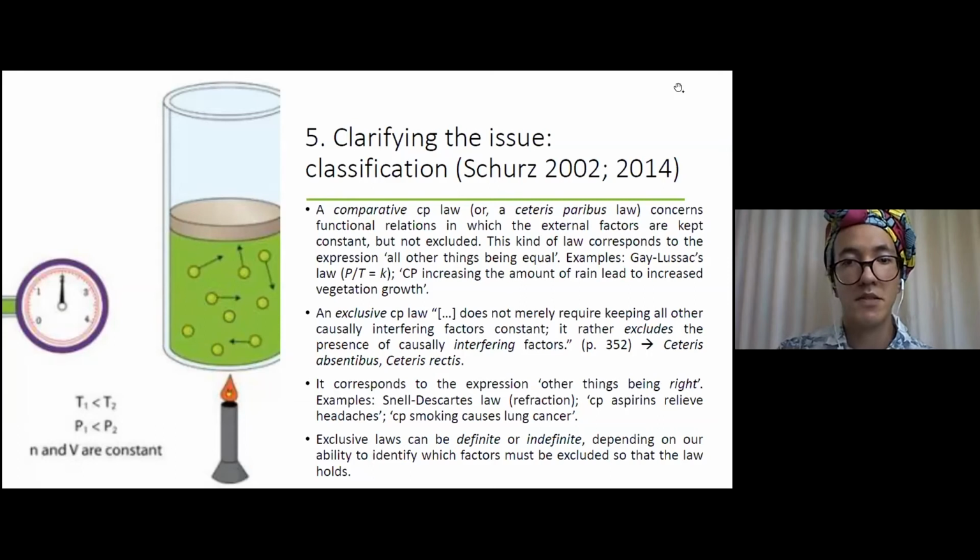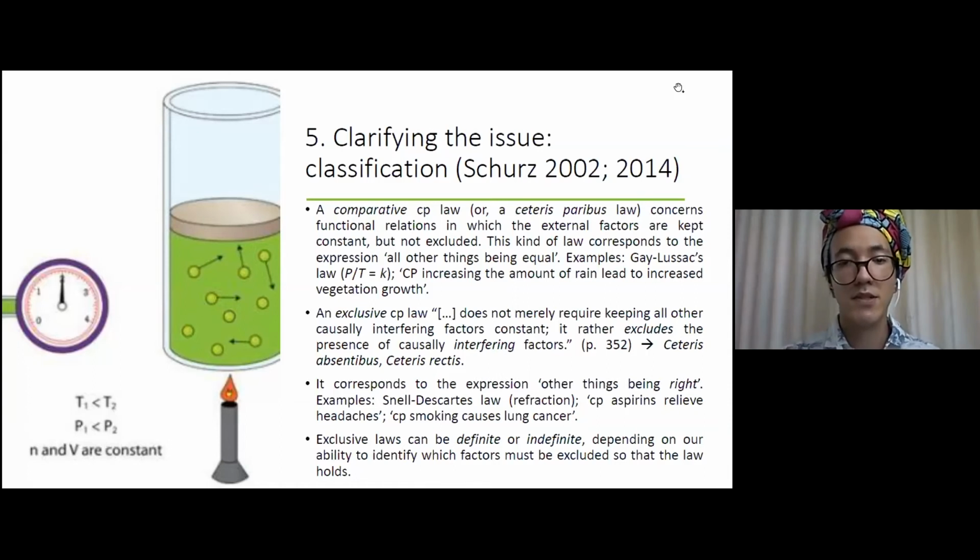Some examples are the Snell-Descartes law about refraction, which I talked about earlier, and some folk medicine laws, like aspirin relieves headaches, because you have to exclude a whole bunch of events in order for this law to be true.